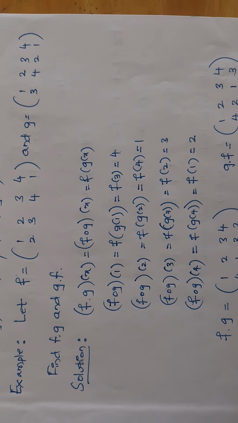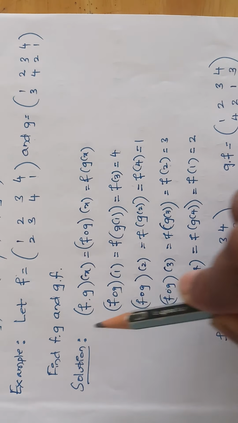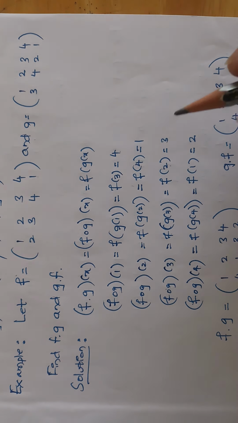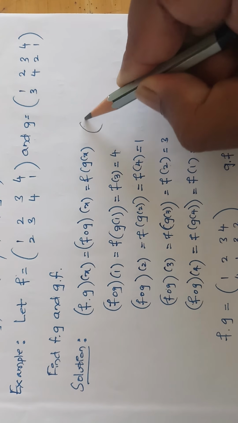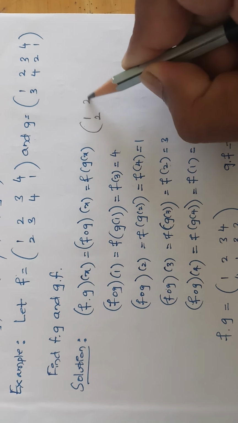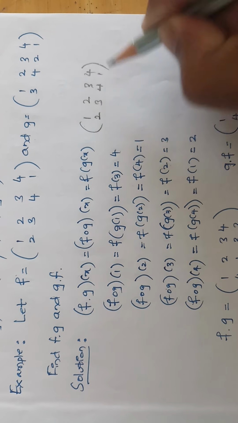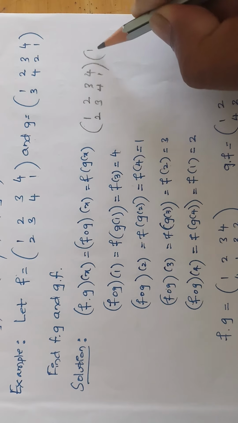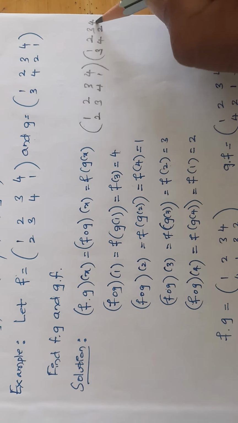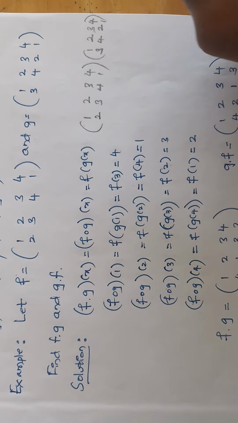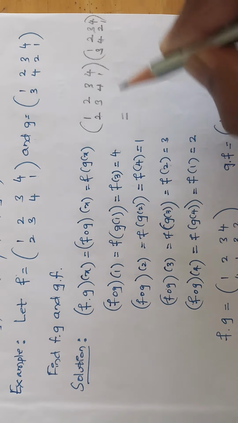Otherwise, a simple calculation for this: you can write f into g as the product of these two. First, 1 goes to 2, 2 goes to 3, 3 goes to 4, and 4 goes to 1, and the other is 1 goes to 3, 2 goes to 4, 3 goes to 2, and 4 goes to 1. So here, the product of these two: 1 goes to 2, and 2 goes to what? 4.